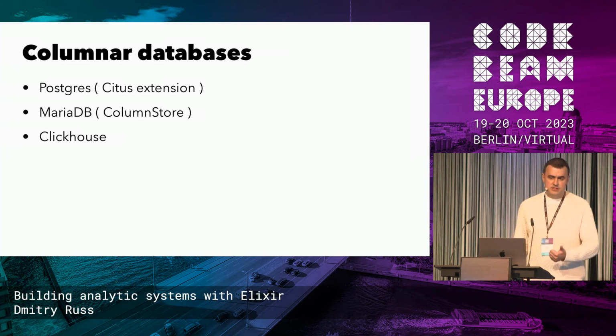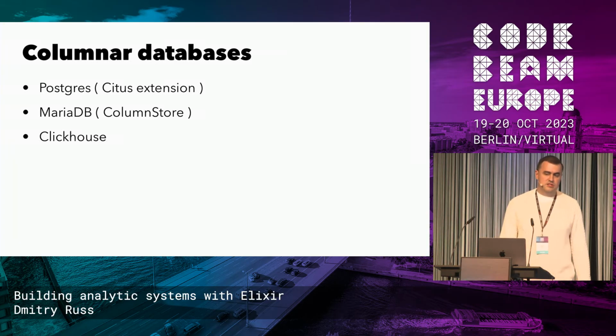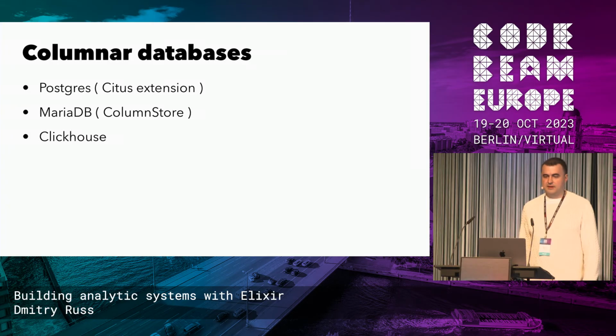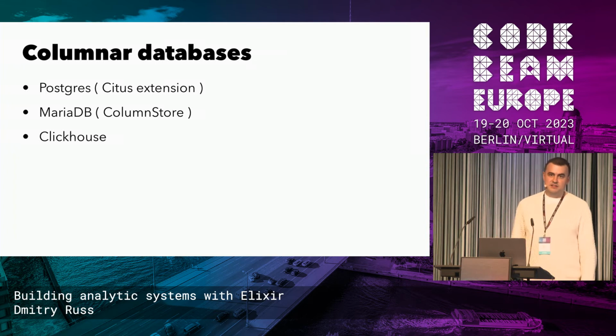Postgres has the Citus extension. MariaDB has ColumnStore. ColumnStore in MariaDB is a little bit more advanced. Citus is less documented. But MariaDB has other problems. For example, it does not support recursive queries, which is, I would say, a common task to prepare data.